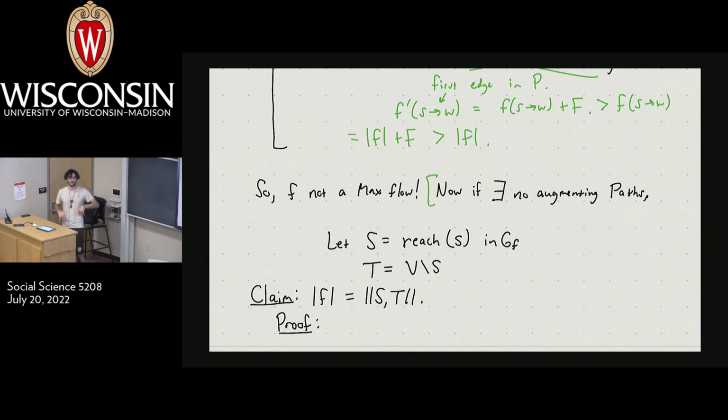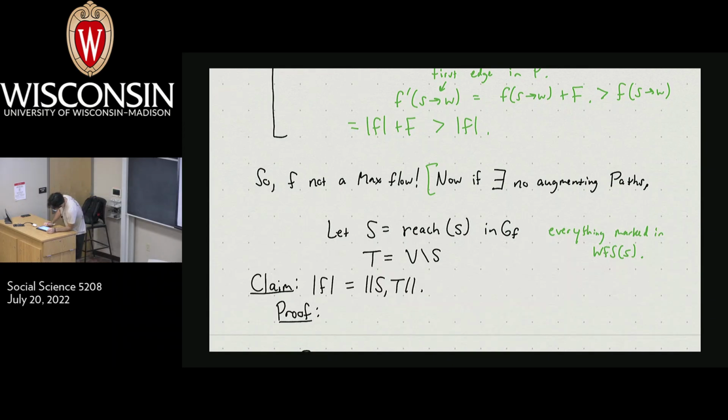So basically we run a whatever-first search on S and see everything that's marked. Everything that's marked is S. And then we define T to be just everything else. We don't care.